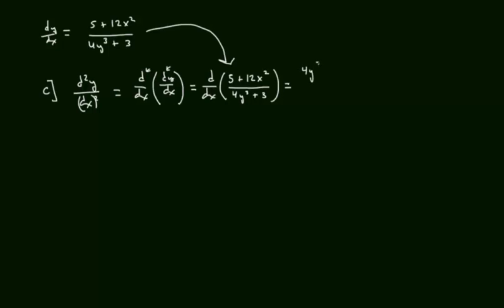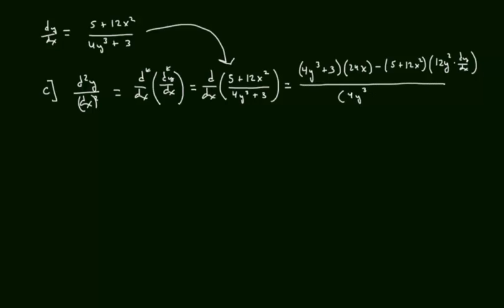So we have bottom times the derivative of the top, which is 24x, minus the top times the derivative of the bottom. Now here we go. So this is 12y squared times dy/dx, all over the bottom squared.